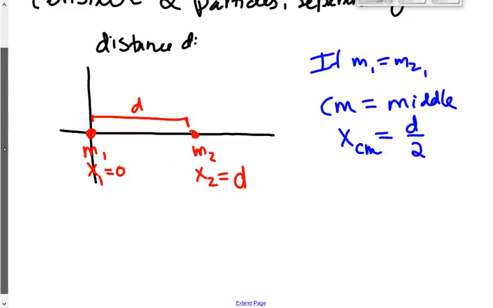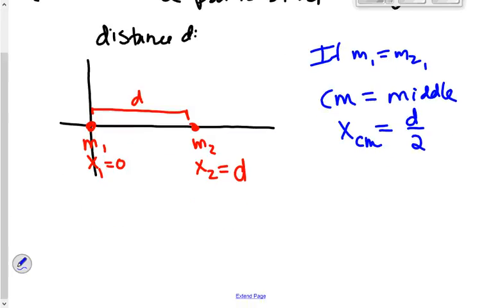So in this case, I might define the center of mass by saying it's m2 over m1 plus m2 times d.